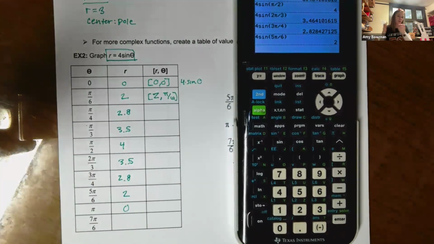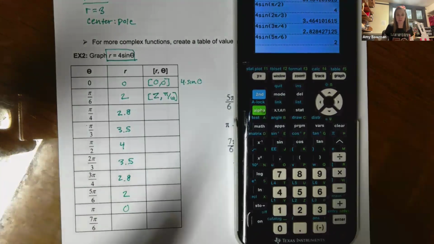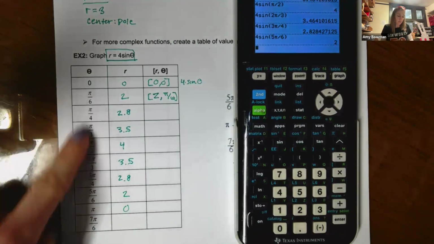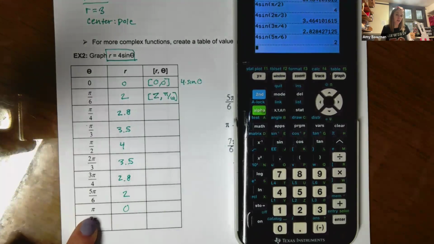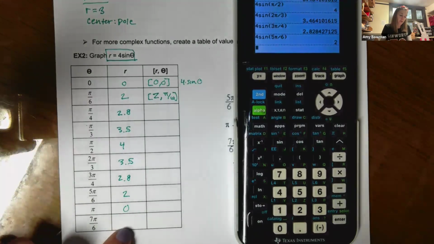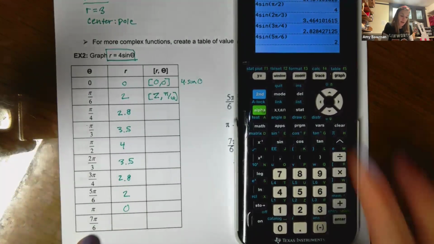And then to know, each graph is different. So certain graphs, you're going to have to go all the way from 0 to 2 pi. Some of them you only need to go from 0 to pi. To know if you're done getting these output values of r, when the values start to repeat, that's how you know.